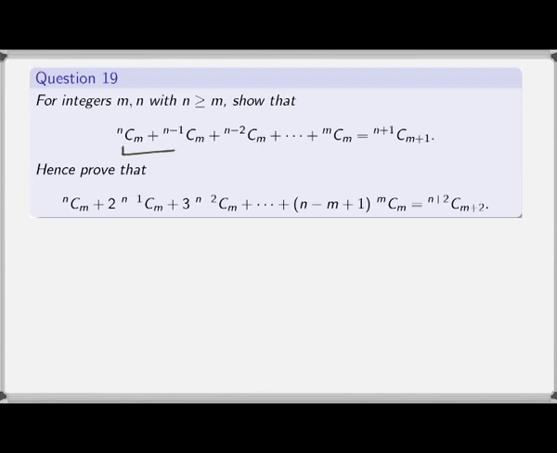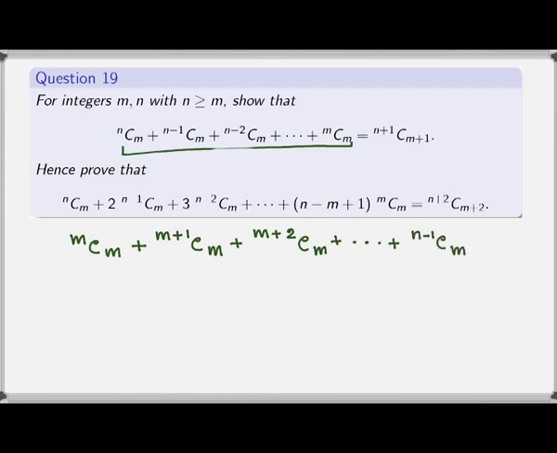We write this expression in the reverse direction, that is mCm plus m plus 1 Cm plus m plus 2 Cm plus so on and so forth n minus 1 Cm plus nCm.